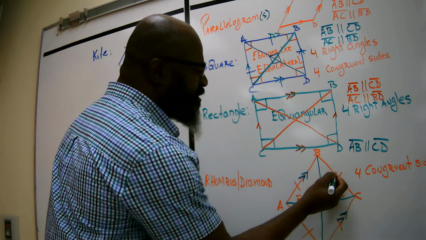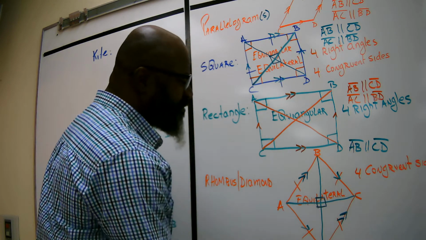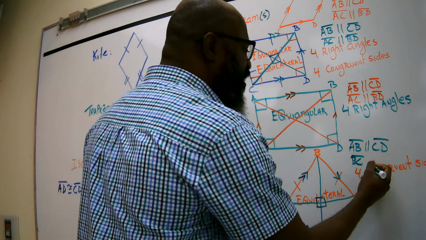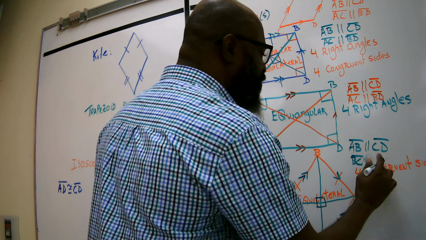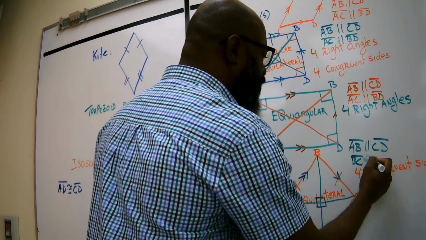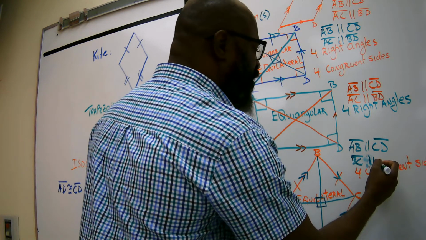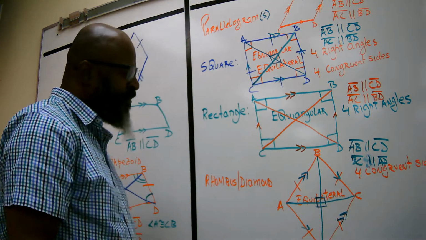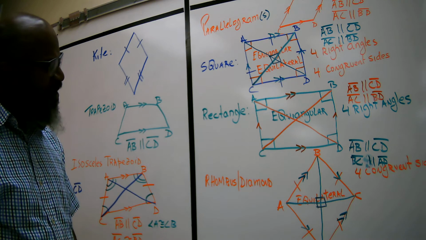Alright, and BC will be parallel to AD. So those are some properties of parallelograms.